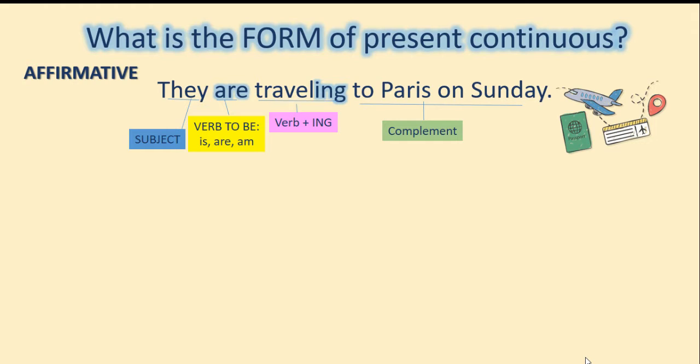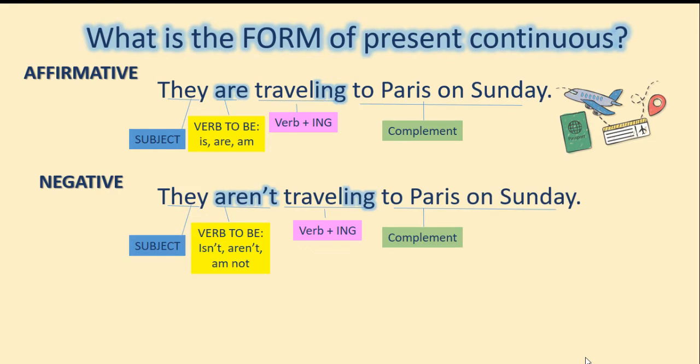Then regarding the form, if you have they are traveling to Paris on Sunday, you have the subject. Then we have our best friend, the verb to be, is, are, am. Then we have the verb with ing, don't forget with ing, and the complement. The negative.